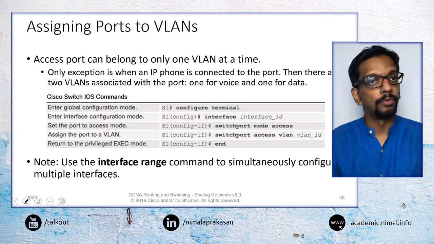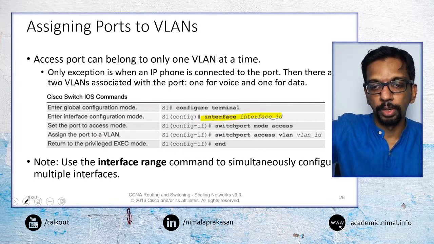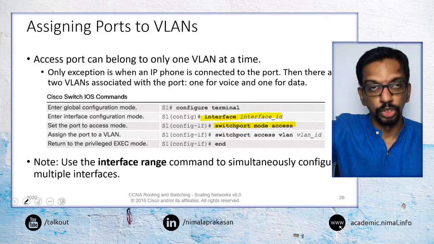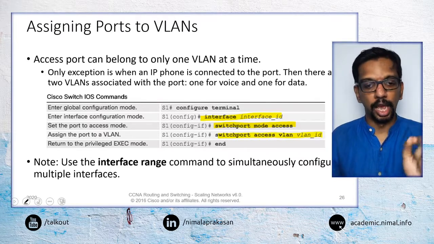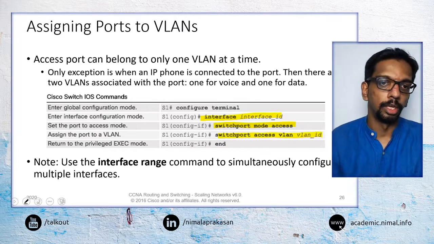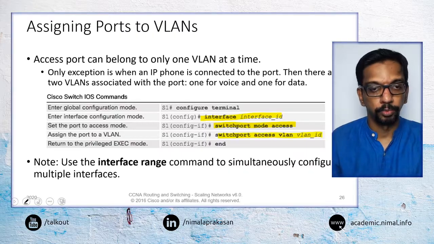So we will have to go into a particular interface, and there we will have to specify the switchport mode access, and we have to specify the particular VLAN ID there. That is to specify a particular VLAN for a particular port.